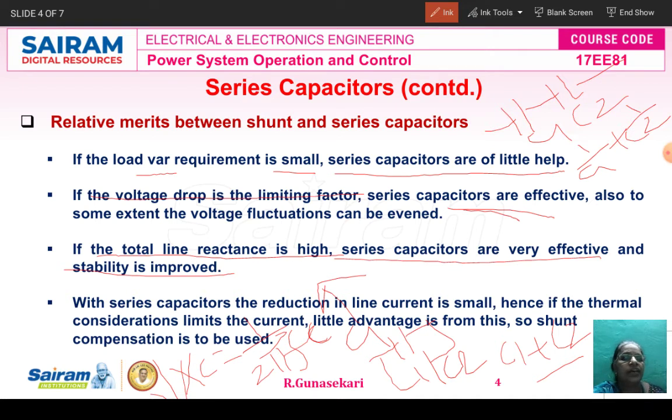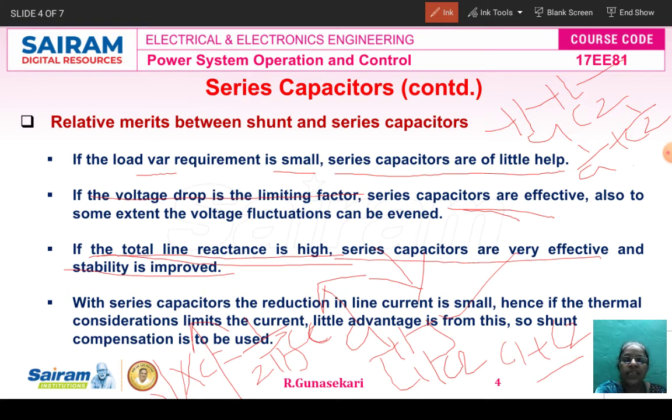If both capacitors are connected in series, the equivalent is 1 by C1 plus 1 by C2, so the capacitance C decreases. Therefore the capacitive reactance Xc increases, so the total line reactance is high. That's why series capacitors are very effective compared to shunt capacitors.